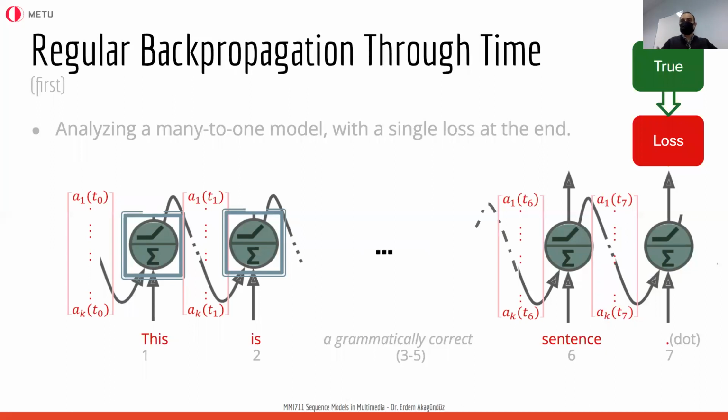And as the sentence changes in the training set, my backpropagation size will also change. I'll be backpropagating 7 times for this sentence. For another sentence which has 9 words plus the dot, 10, I'll be backpropagating 10 times. So the weights will be updated 10 times for a 9-word sentence plus the dot.